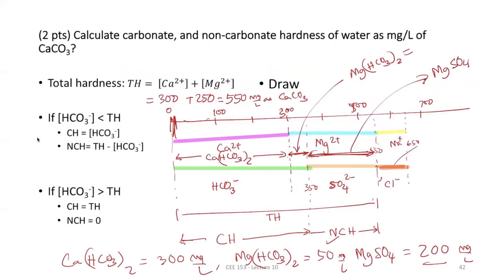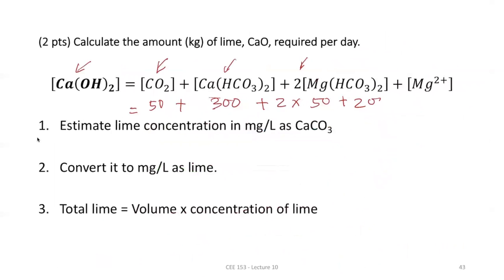So that's 200. So if you calculate all that value, that would be 650 milligram per liter as CaCO3. So the estimate of lime concentration will be 650 milligram per liter as calcium carbonate.